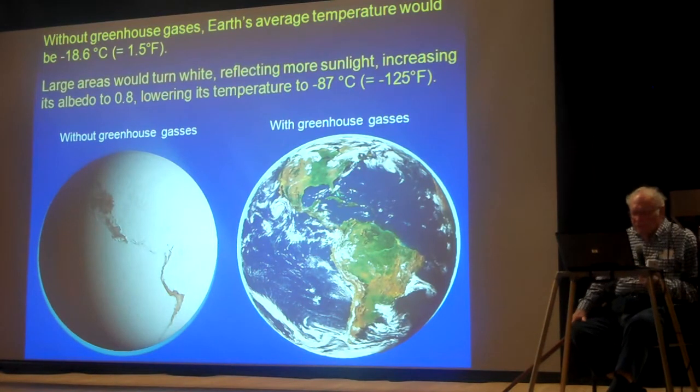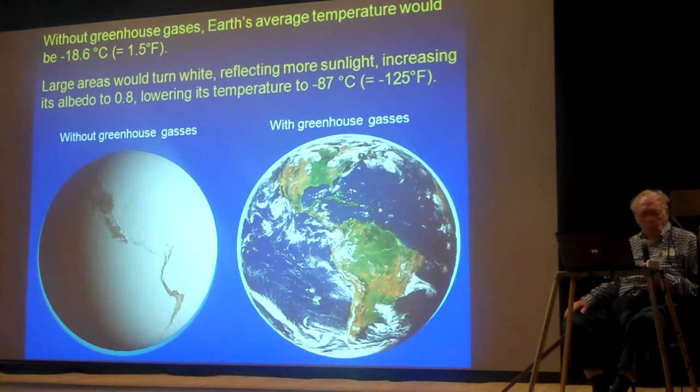Without greenhouse gases, the Earth's average temperature would be minus 18.6 Celsius. That's 1.5 degrees Fahrenheit. Large areas would turn white, reflect sunlight. That would increase the albedo from its current value of 0.3 to 0.8.